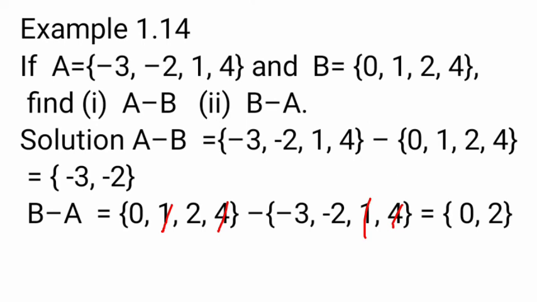Remaining, write the first set's elements: B minus A equal to {0, 2}. Can you understand? A minus B or B minus A, in both, first cancel the common elements, then write the elements of the first set only. Don't write elements of the second set. Okay.